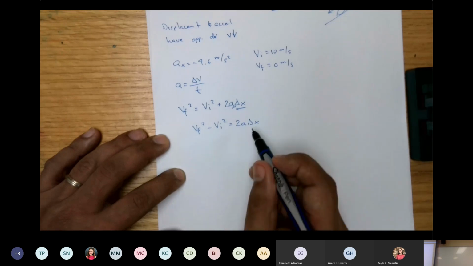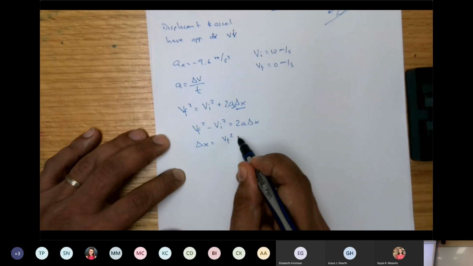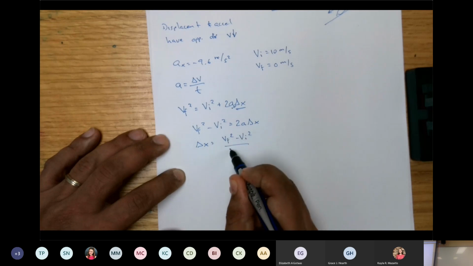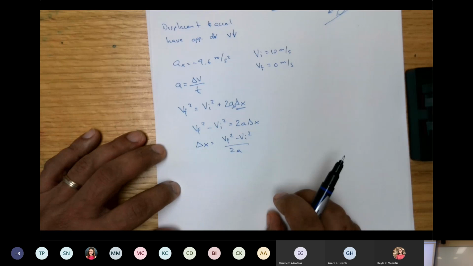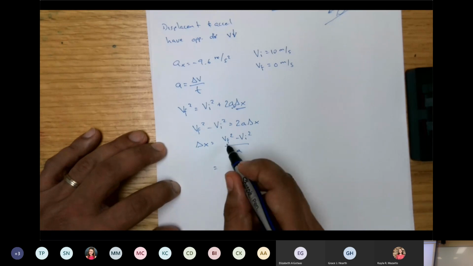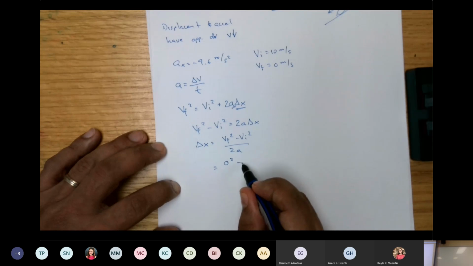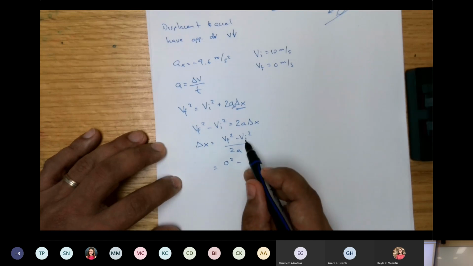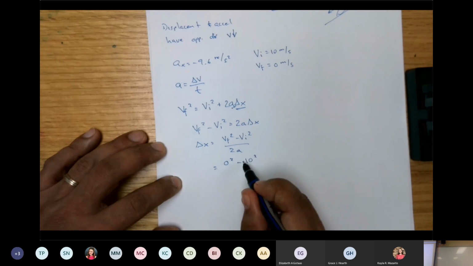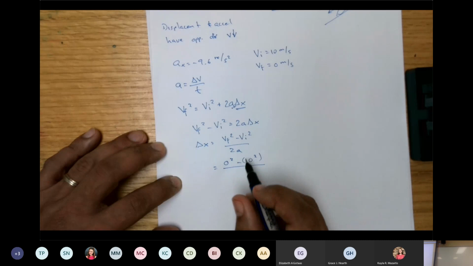And delta x is going to be vf squared minus vi squared over 2a. Final velocity is going to be 0. My initial velocity is going to be 10. And 2 times a is going to be 2 times negative 9.6.